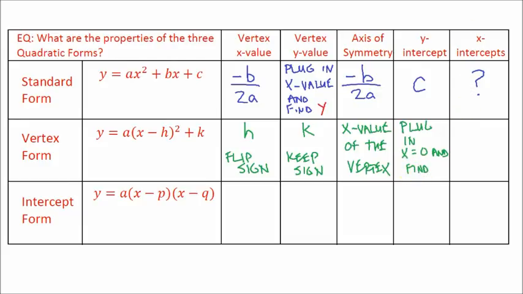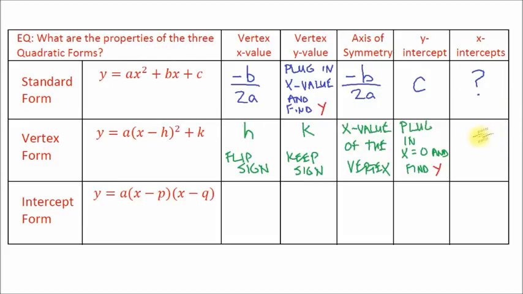We know the y-intercept is always at the point where x equals 0. So if you plug in as your input x equals 0 and solve for y, that's your y-intercept.